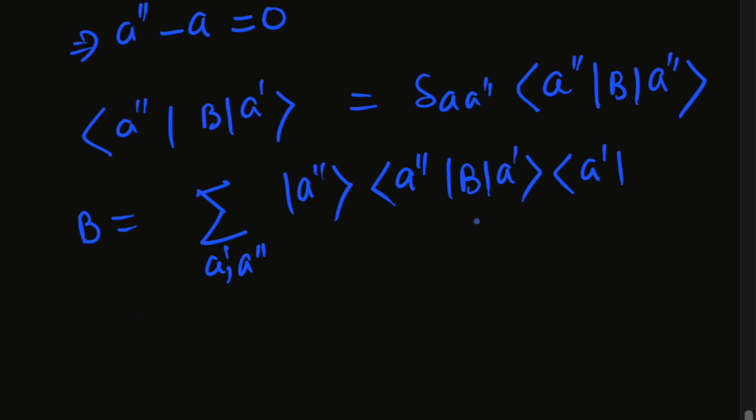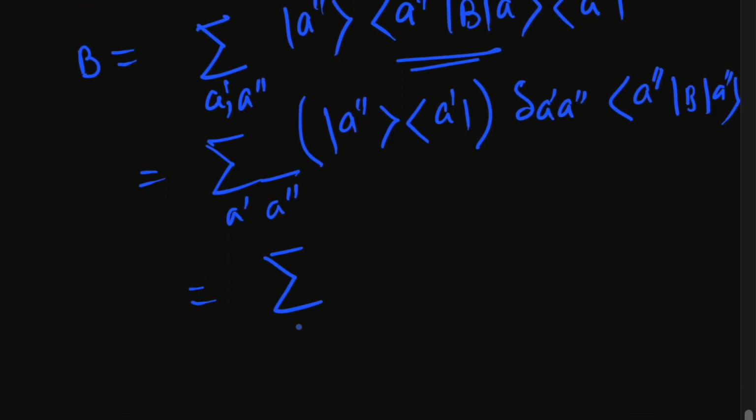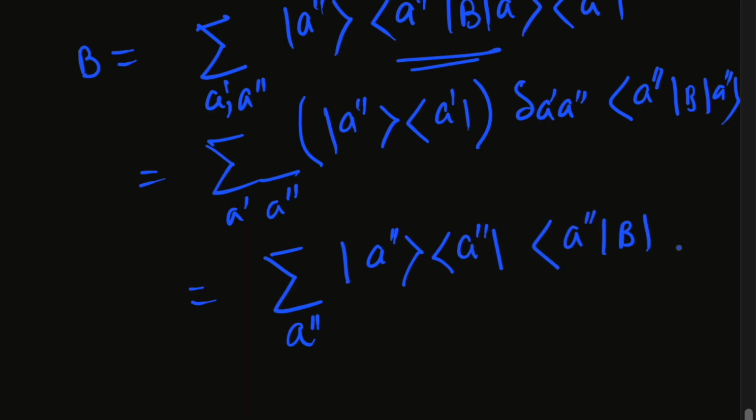Now if we write this value here, we get the sum of |A double prime> delta A double prime, A prime times <A double prime|B|A double prime> <A prime|.